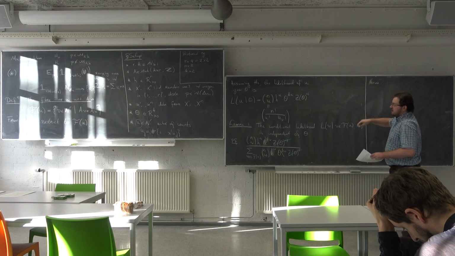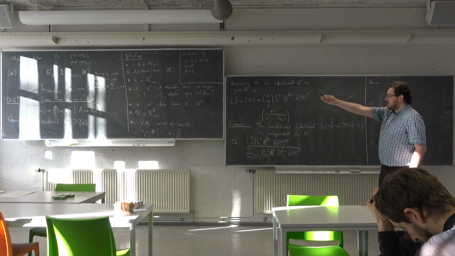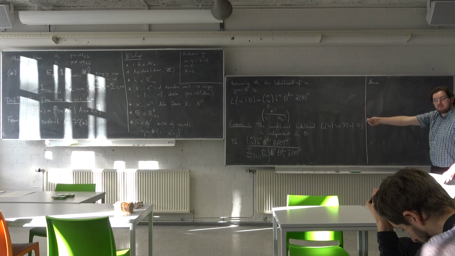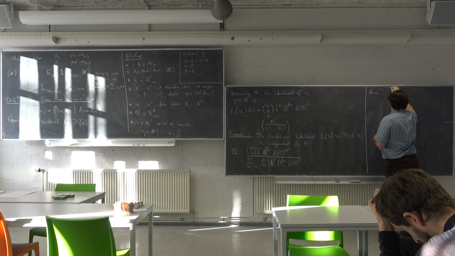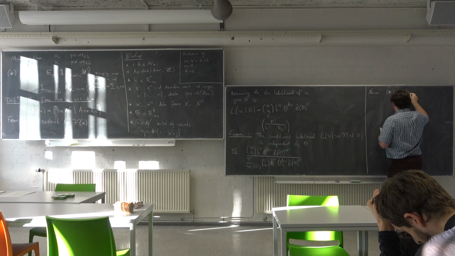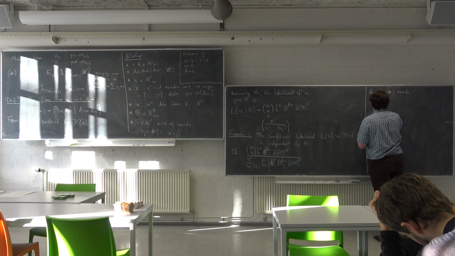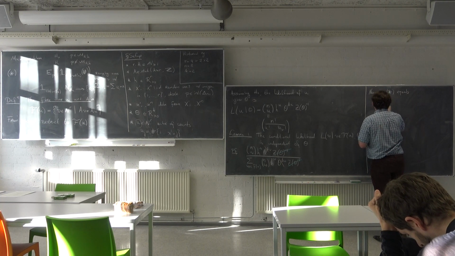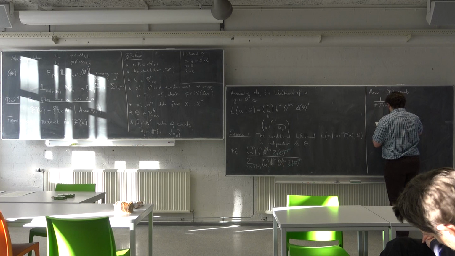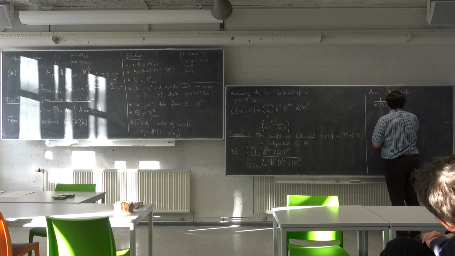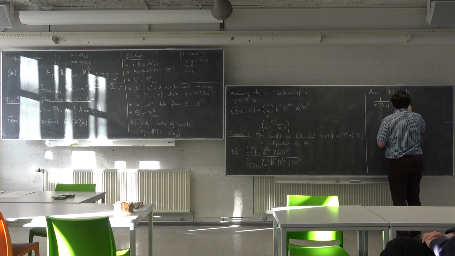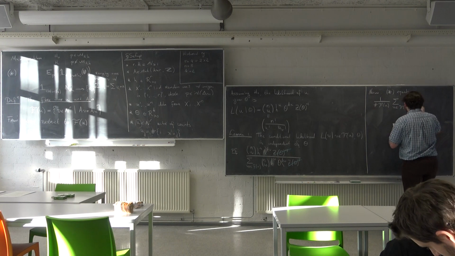Now, assuming that you only test the V's that are in the fiber, the quantity in star equals 1 over the number of elements in that fiber times the sum over the fiber.